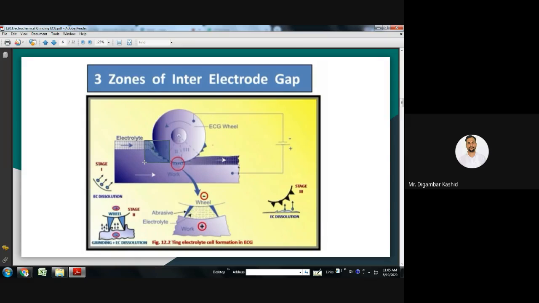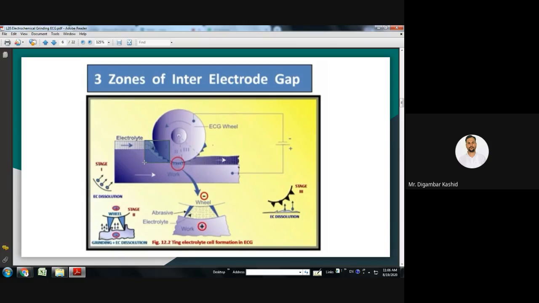The grinding wheel does not touch the workpiece material, so there is only an electrochemical machining operation, which means anodic dissolution is there in this zone, because the abrasive particles on the grinding wheel do not touch the workpiece surface. After that, the inter-electrode gap will decrease.